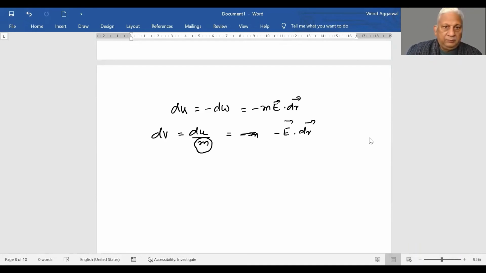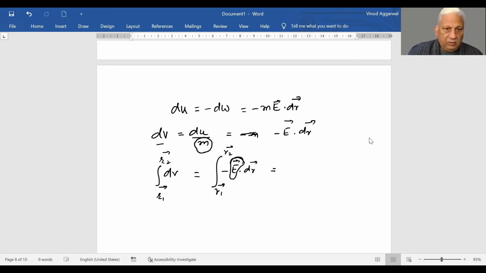Now, if we integrate these terms for the total distance from one place to another place, dV from, let us say, r1 to r2, this becomes R1 to R2. Now, as mentioned before, E may not necessarily be constant, it could be varying.